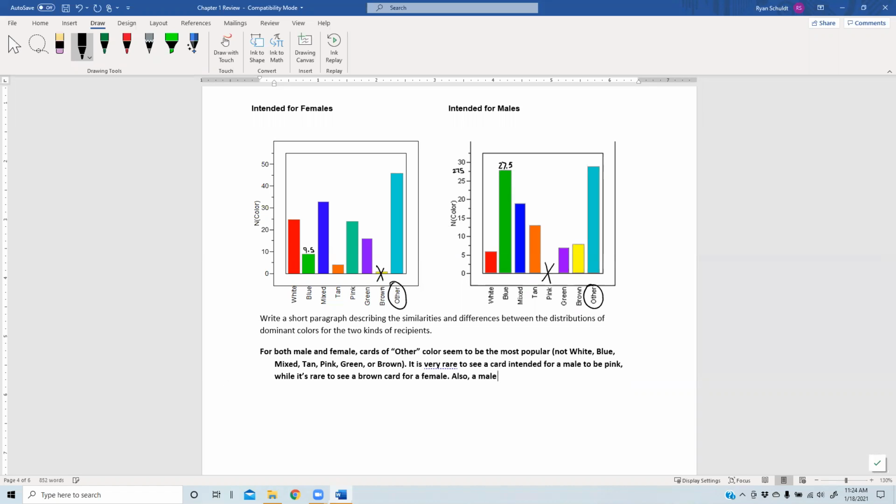Also, a male is nearly 3 times as likely to get a blue or tan card as compared to a female. Okay, so there are some observations that we could write about these graphs.